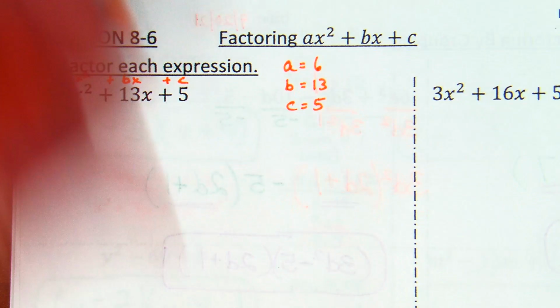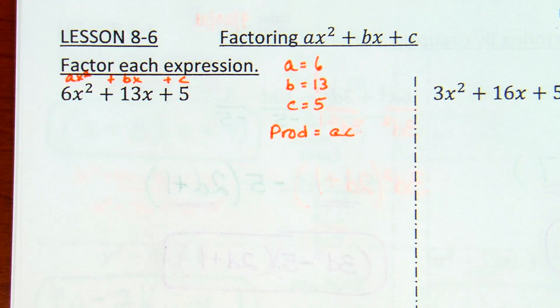In order to do this, we're going to do the product of AC. When I say product, that means I'm looking for numbers that multiply to be that. So what are A and C here? 6 and 5. We're going to do a product of 6 times 5, and 6 times 5 is 30.